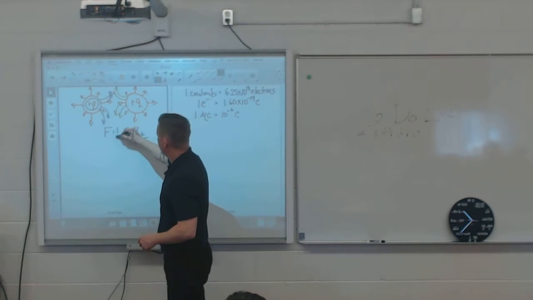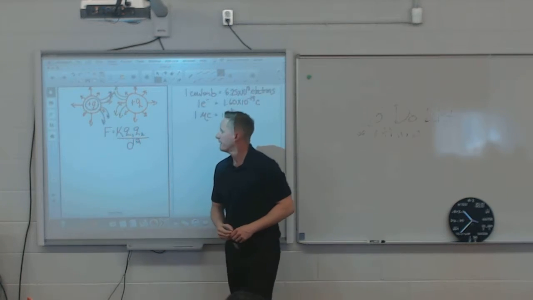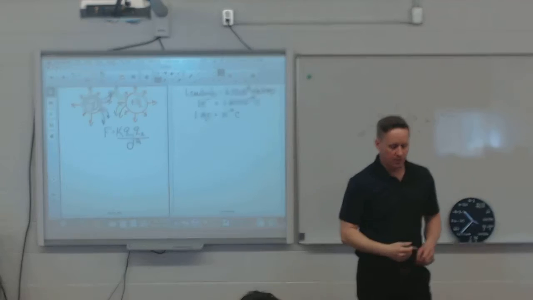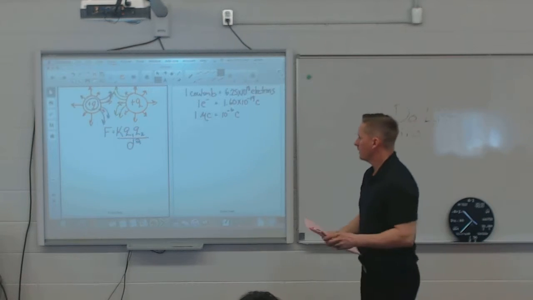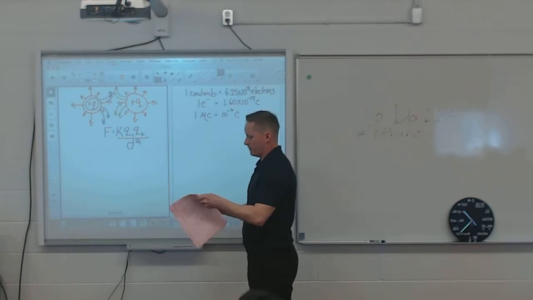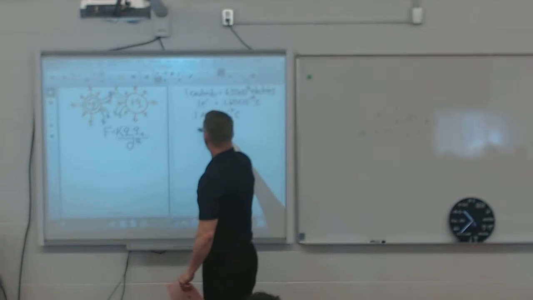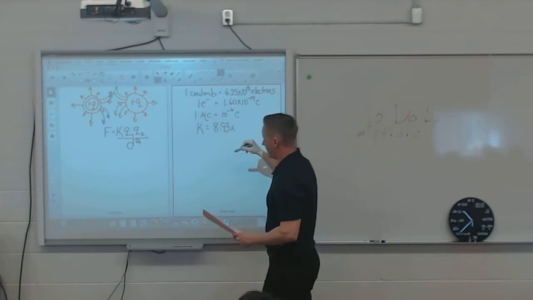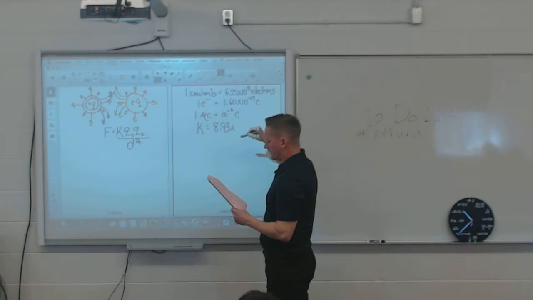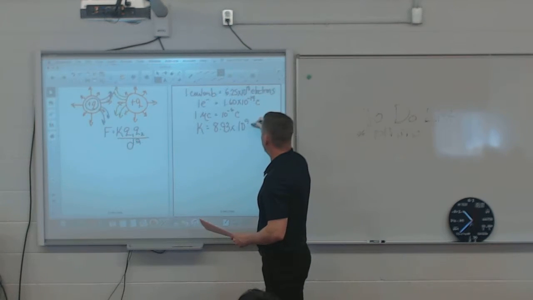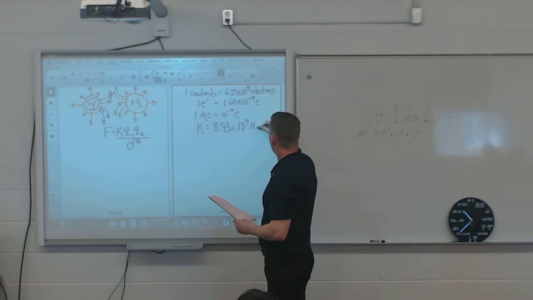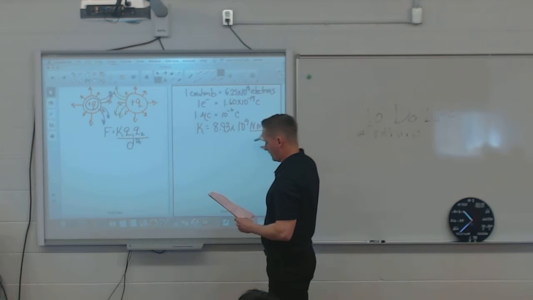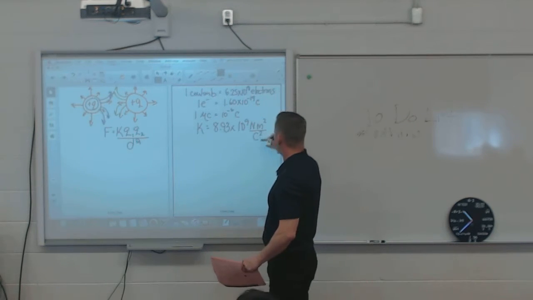And then we have a constant in here, which is called Coulomb's constant. So we also need to know what Coulomb's constant is. Again, these are all given on your equation sheet. It's 8.93 times 10 to the 9th newtons meter squared per Coulomb squared.